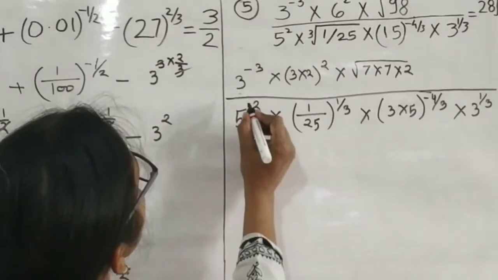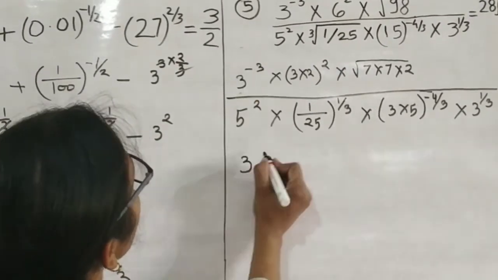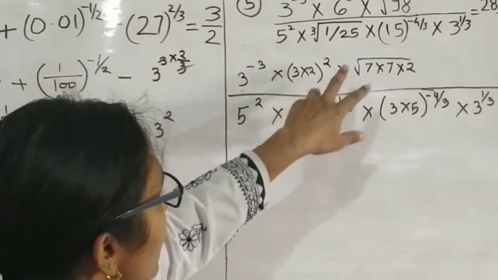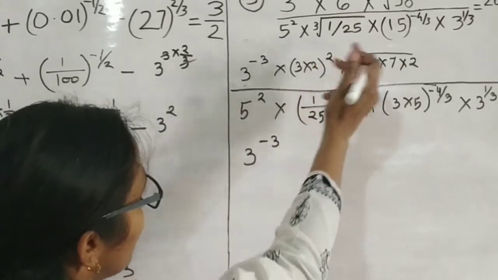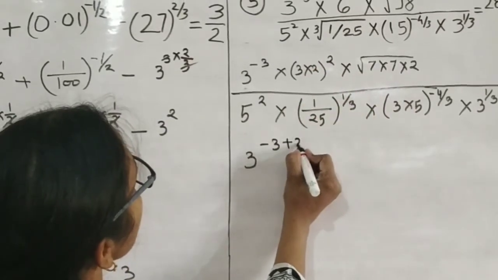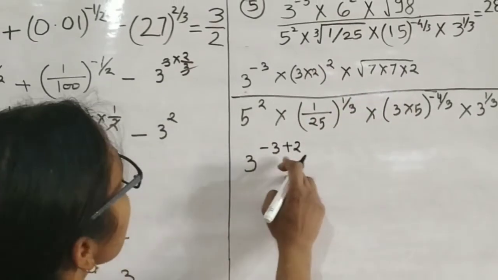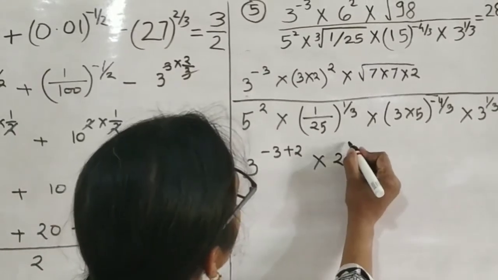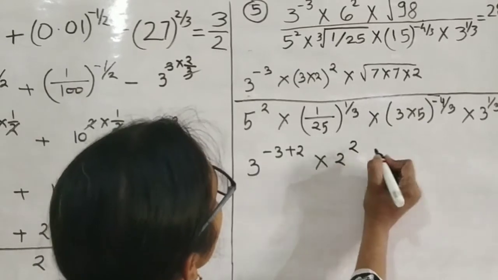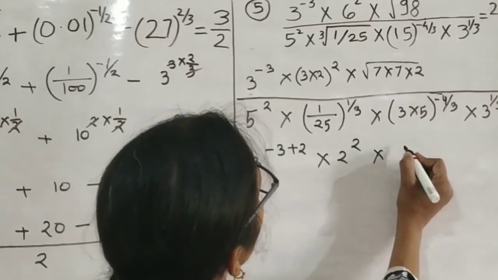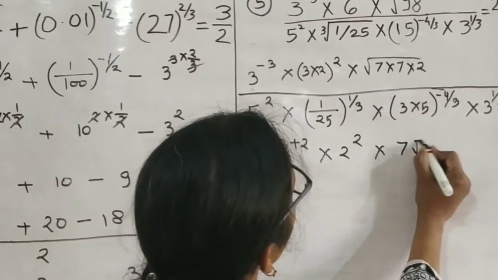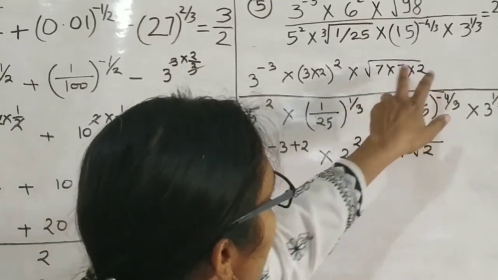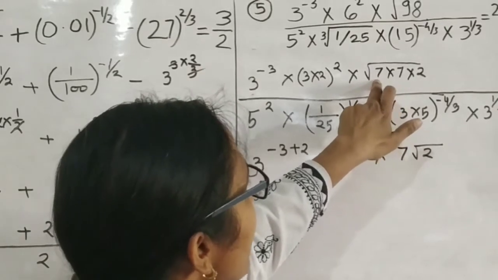Next step, 3 power minus 3. 3 into 2 to the power 2 means 3 power 2 into 2 power 2. So, it will become plus 2 here into 2 to the power 2 into 7 under root 2. See, 7 into 7 into 2, it means 7 square.